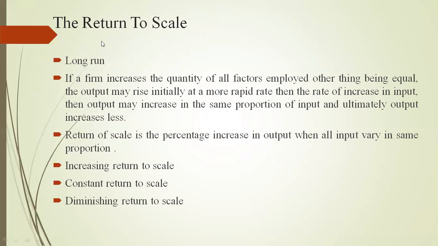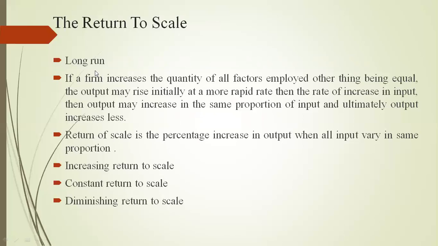Next one is the return to scale. So what is long term and short term, I will explain later when we discuss the production function in long run and short run. But here, just go through this in more detail. We will discuss it in further lectures. So it is a long run phenomenon.